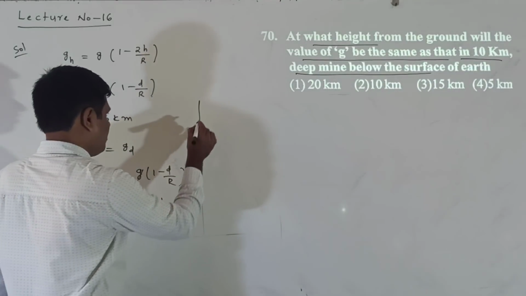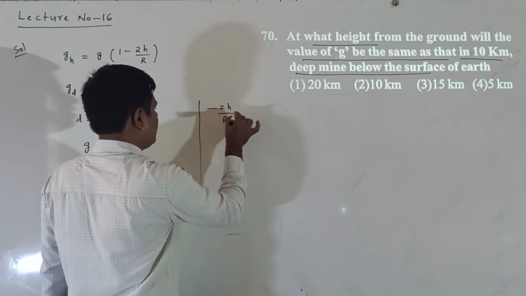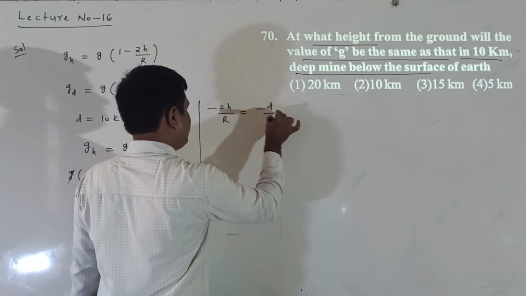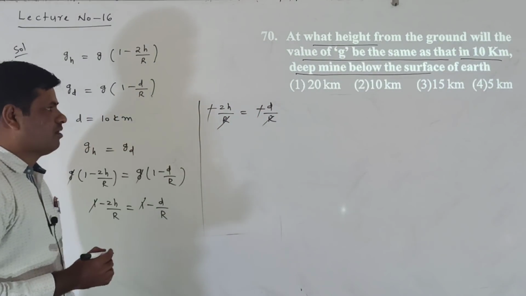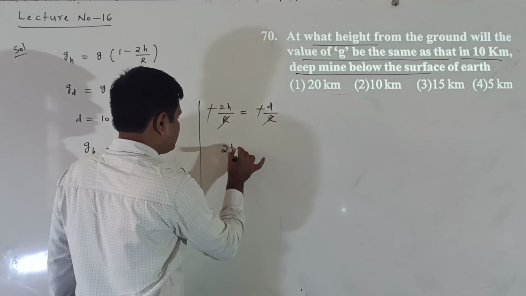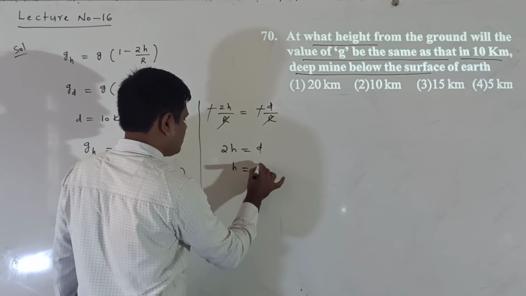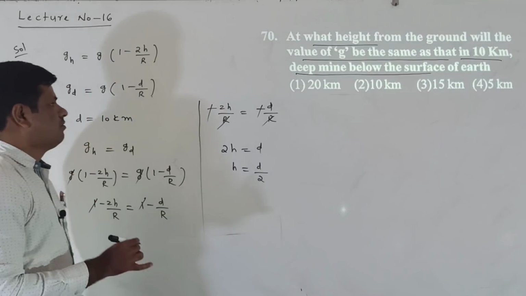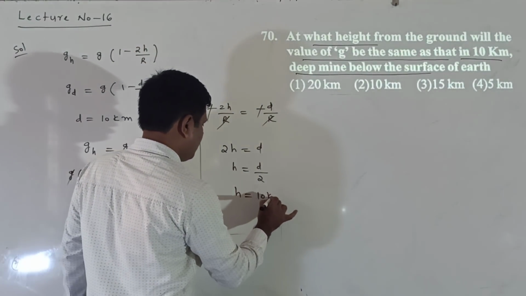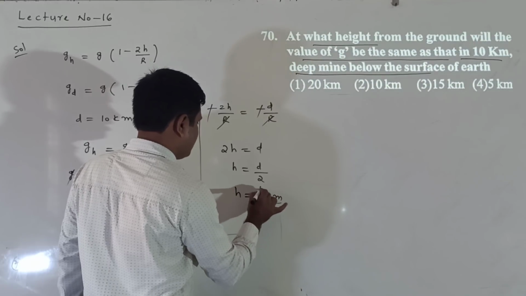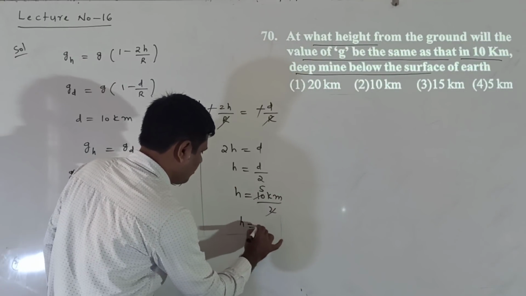Remaining is minus 2h by R is equal to minus d by R. Minus minus cancels, R also cancels. Now what do we have? 2h is equal to d, so h is equal to d by 2. But d is given as 10 kilometers, so h is equal to 10 kilometer by 2, that is h is equal to 5 kilometer.